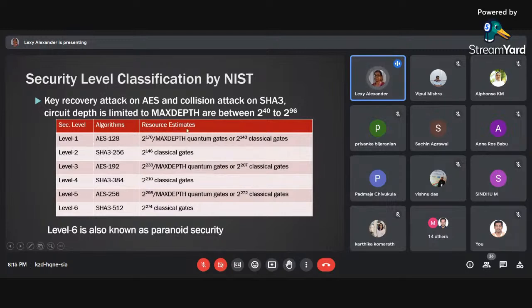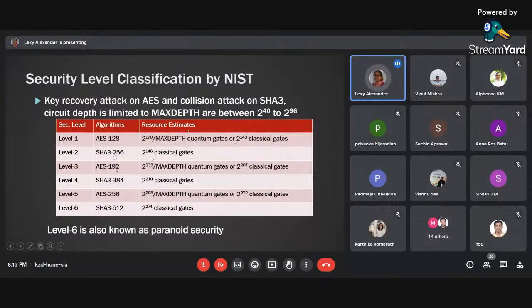So what are the resource estimates? It should be 2 power 170 per max depth quantum gates, or 2 power 143 in classical gates comparison they made. Now level 2 is equivalent to the security of SHA-3 256, which needs 2 power 146 classical gates as of now.